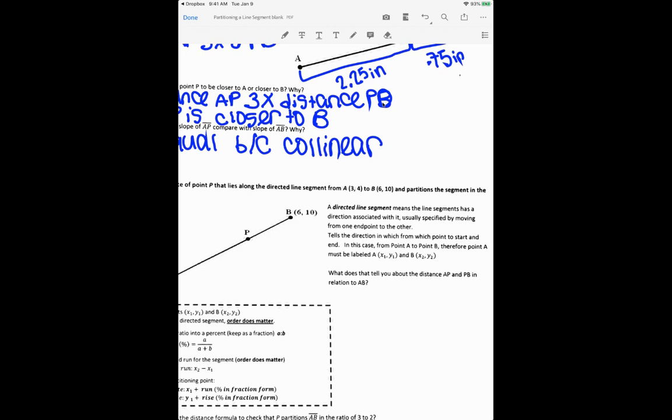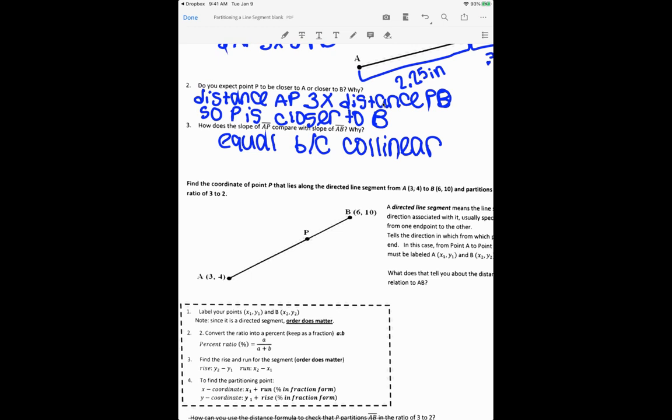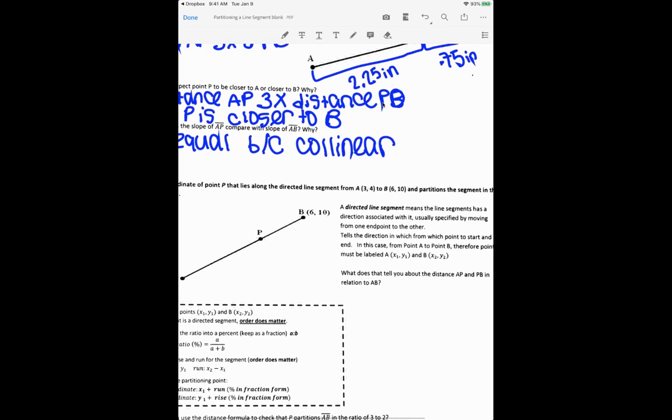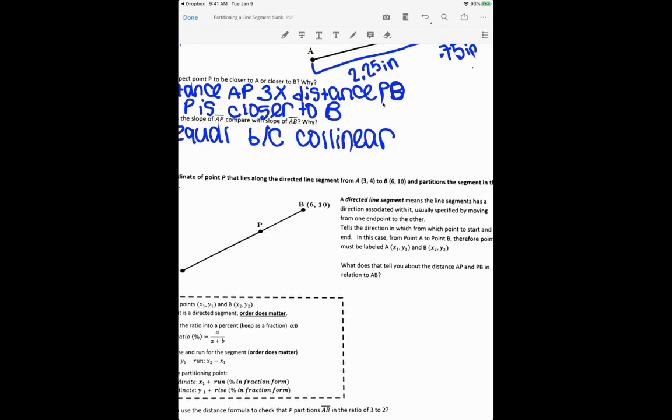What does this tell you about the distance AP and PB in relation to AB? So in this case, AP, sorry, my pen just went out, AP over AB has to equal 3:2.